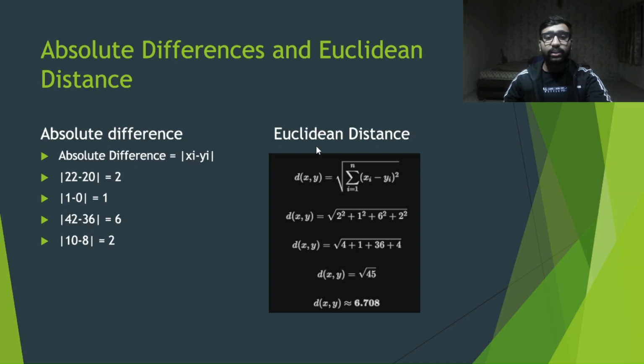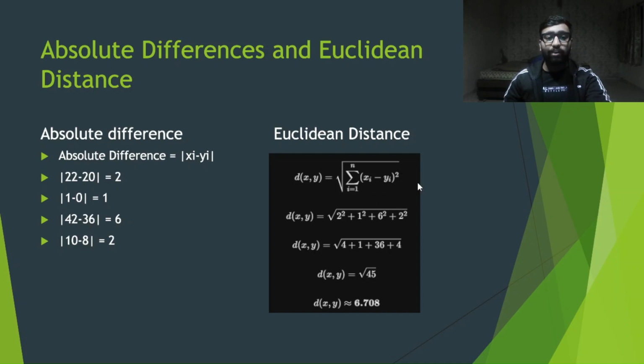Now let's calculate the Euclidean distance. The formula for Euclidean distance is the square root of the sum of squared differences of two corresponding values of data points.